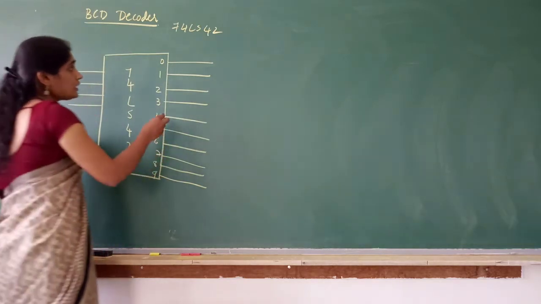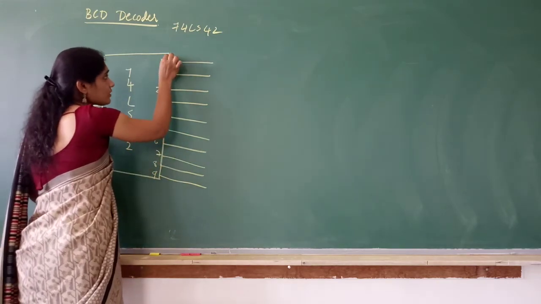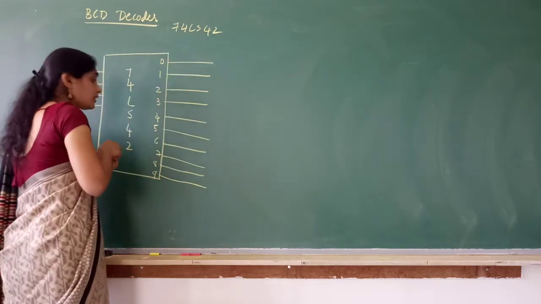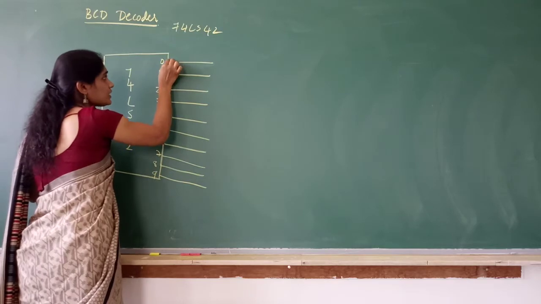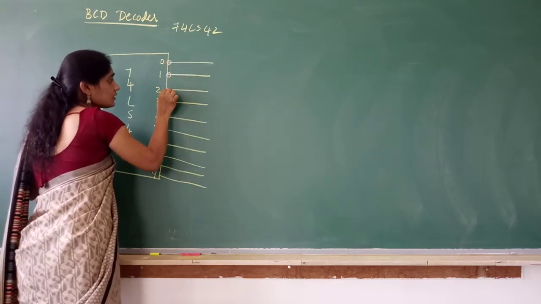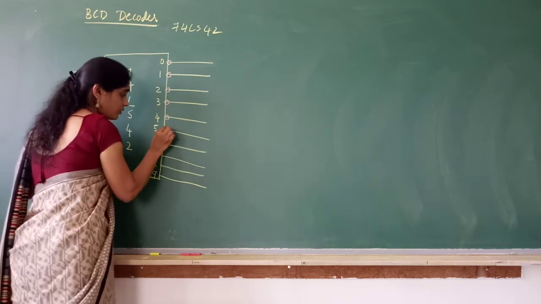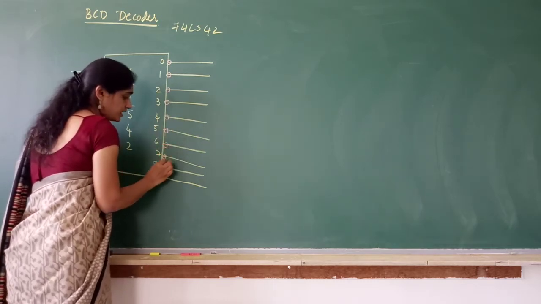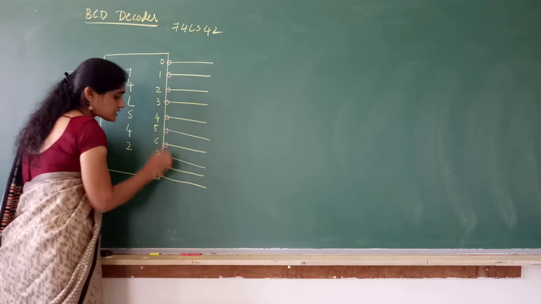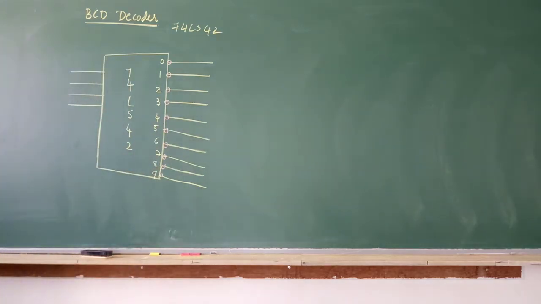And here also all the outputs are active low. Either you can write active low like this, or let me write a bubble here. This is also an indication for active low. Either you can write a bubble or a triangular symbol, whatever I had written. Okay. So this is the pin configuration of a BCD decoder.